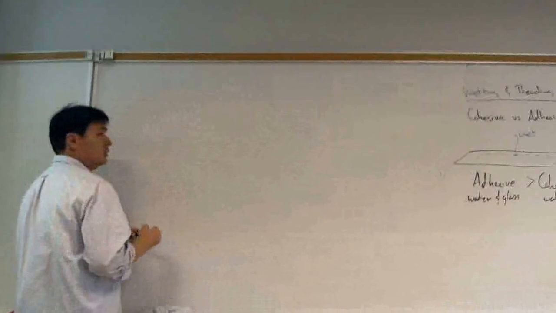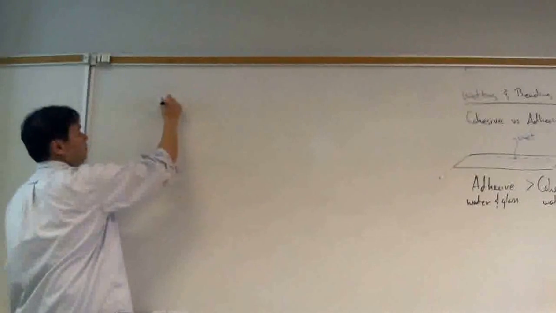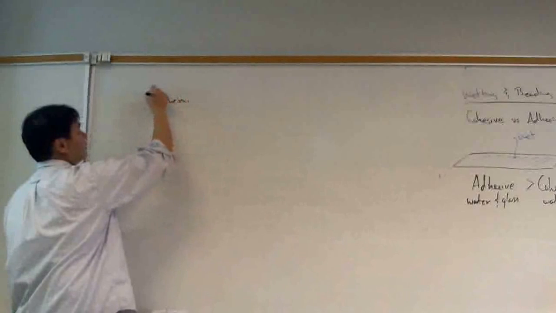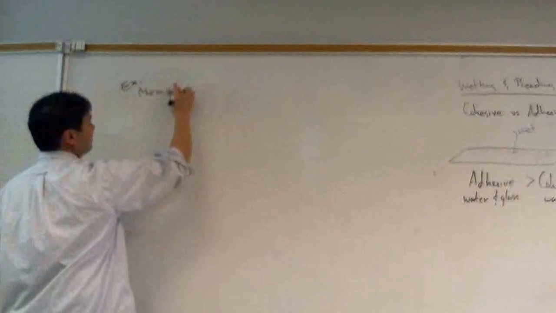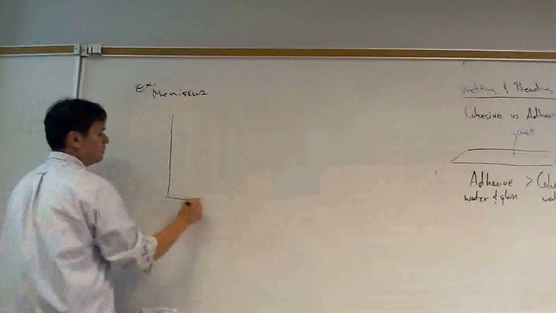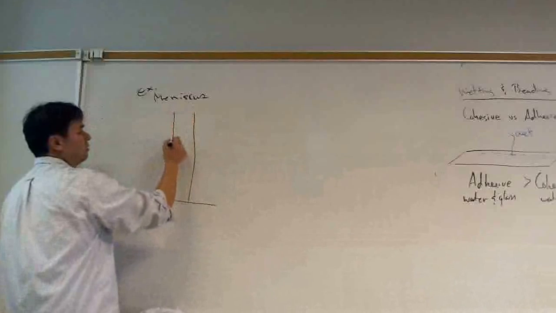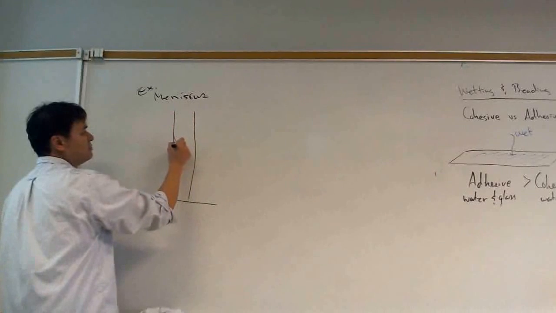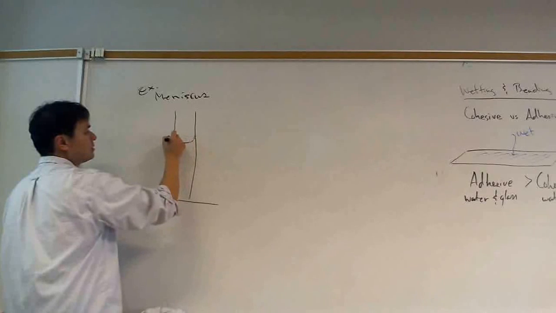There's a common application. We see this all the time. We see this in a meniscus. In the meniscus, what we'll see is the water climbs up the sides of the glass.